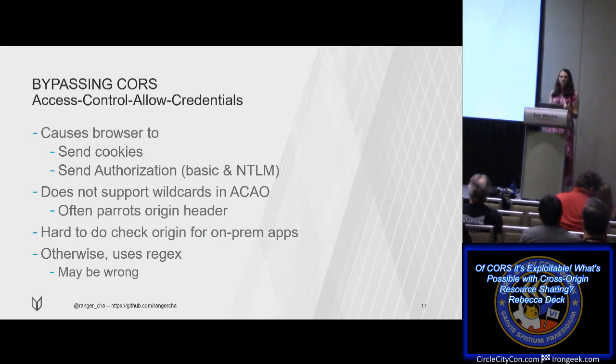Then you have access control allow credentials, which starts to derail that wildcard stuff automatically. So access control allow credentials says, all right, this site is allowed to tell you to use authentication information. So like your cookies, your authorization headers like basic and NTLM authentication, but not things like bearer authentication.